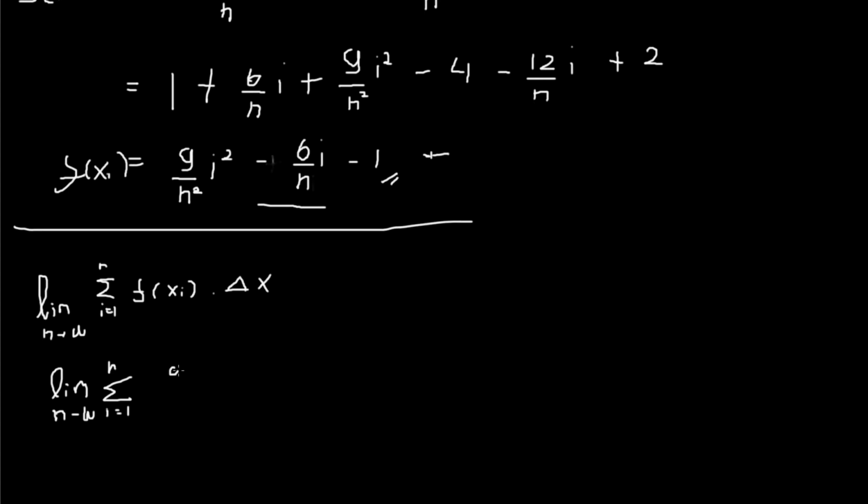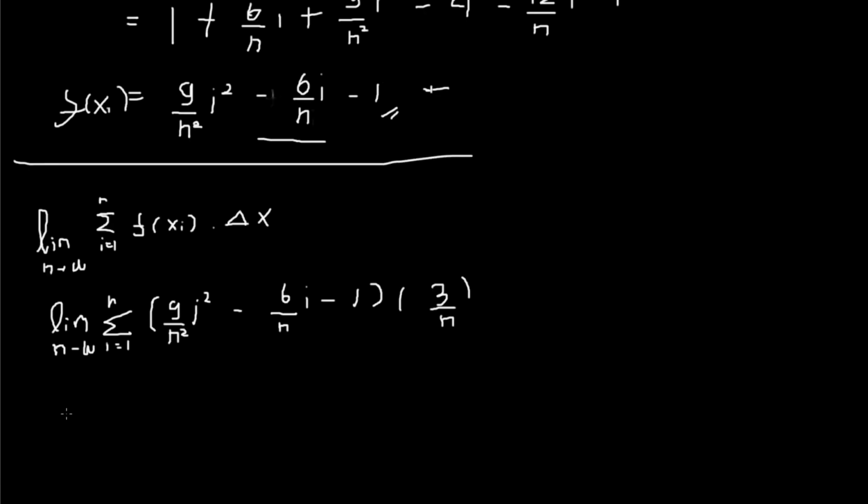So we have 9 per n squared i squared, and now we're going to make a bracket here, minus 6 per n i minus 1. And we're going to times that with 3 per n because we know our delta x is 3 per n. So now we're going to times this.